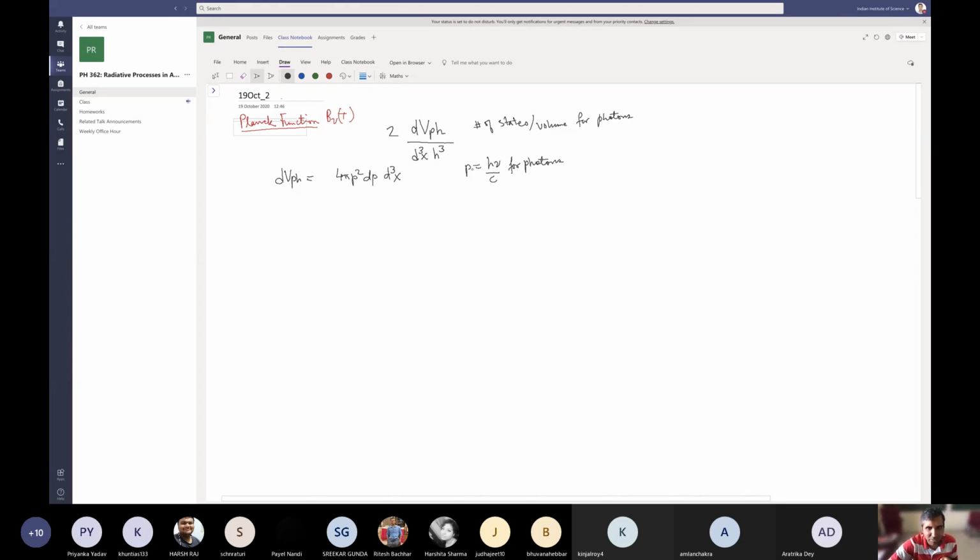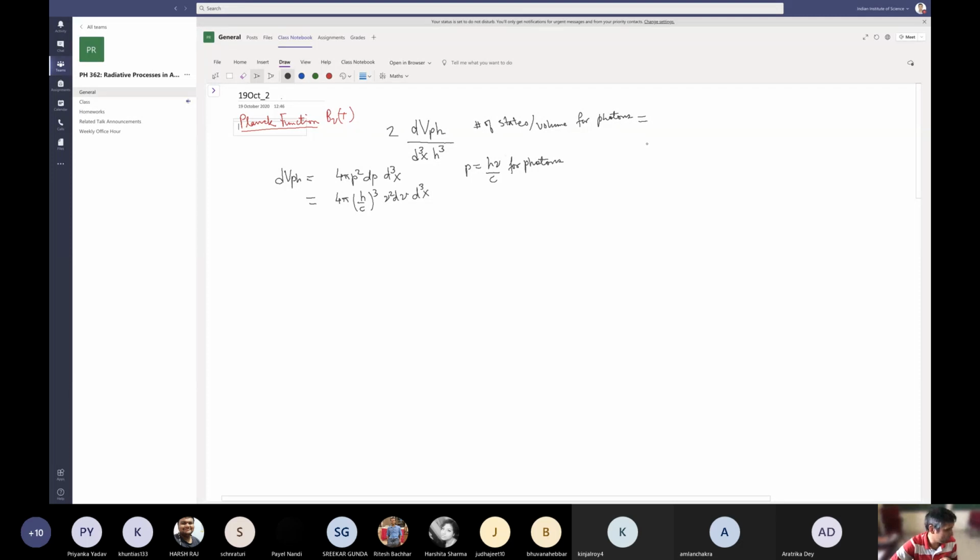So there is a 1-to-1 mapping between p and nu. This phase space volume becomes 4 pi (h by c) cube nu squared d nu d3x.